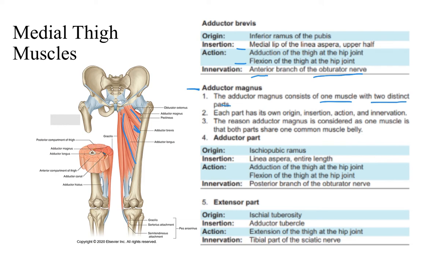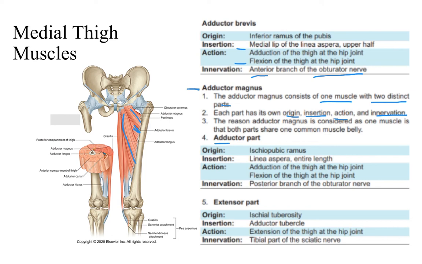All right, and each of those parts, notice, has its own origin, own insertion, own action, and own innervation. And then one is also within the medial compartment, and then the other one is within the posterior compartment.